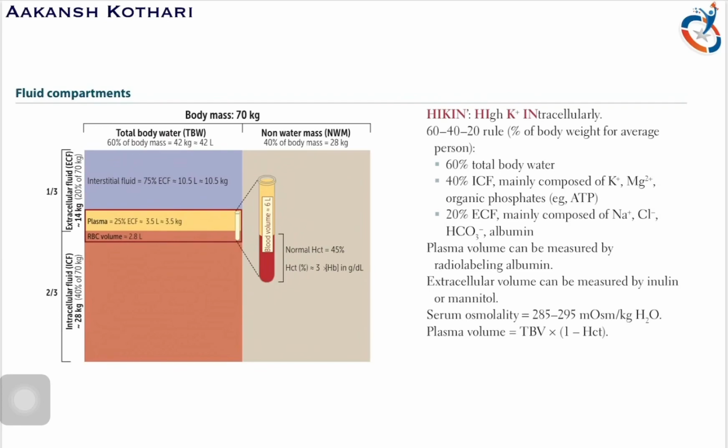Clear? Now the extracellular fluid is divided again into two parts, 75% of which is the interstitial fluid, whereas 25% of which is the plasma of the blood. Now in the intracellular fluid, there are substances like potassium ion, magnesium ion and organic phosphates, for example, ATP.